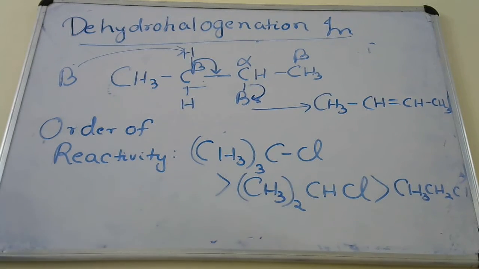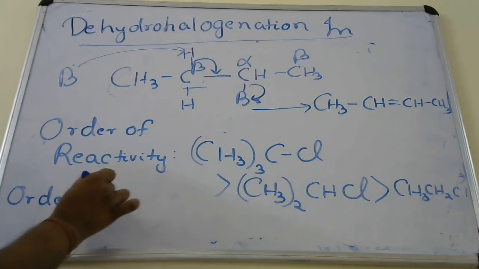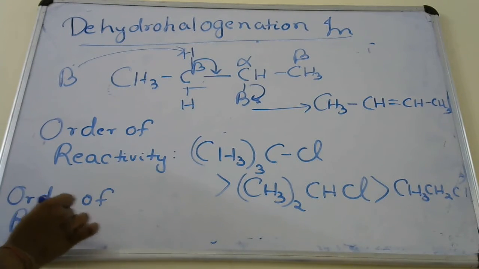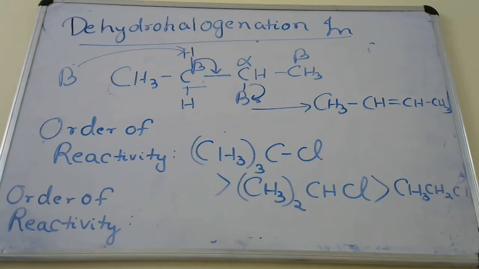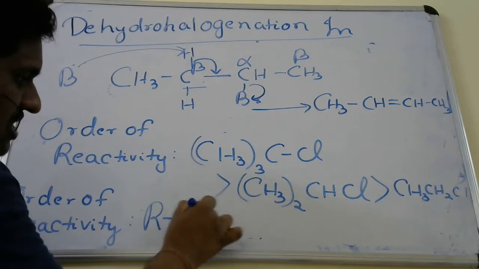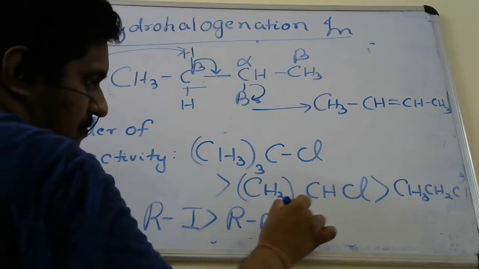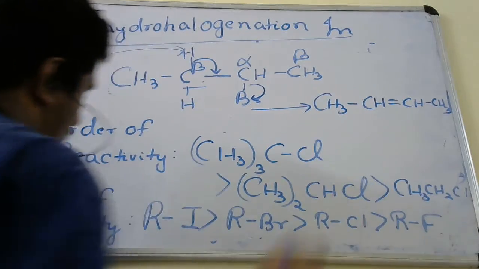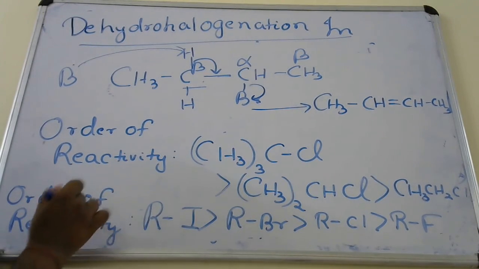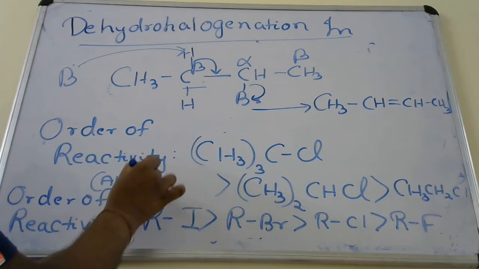Now if we compare the order of reactivity in terms of alkyl halides: remember, alkyl iodide will be more reactive, next is alkyl bromide, then alkyl chloride, then alkyl fluoride.